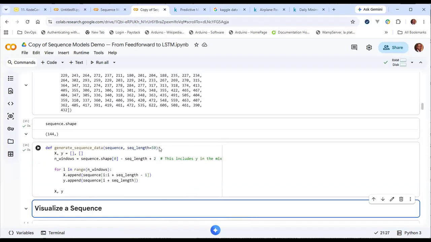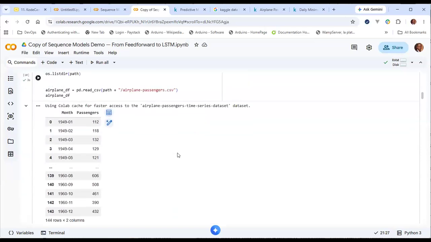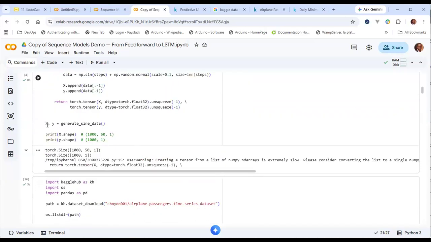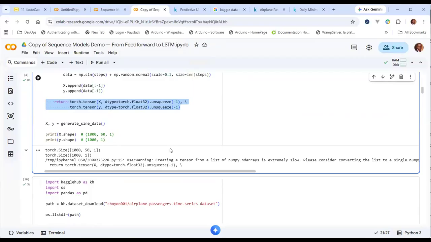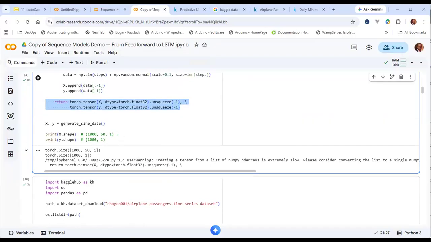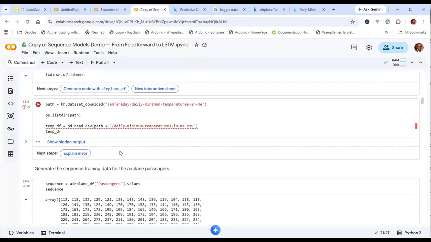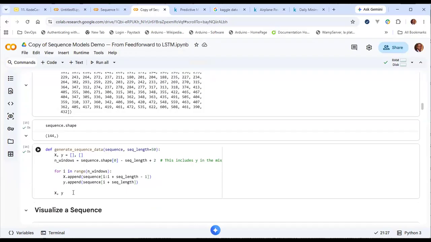It's going to give you x and y, and this should match what we had before, where we were generating it this way. This also did the torch tensor as well. So we will have a tensor where we have to unsqueeze and add an extra dimension, so that it matches the same pattern.